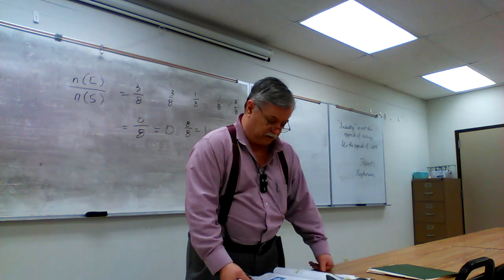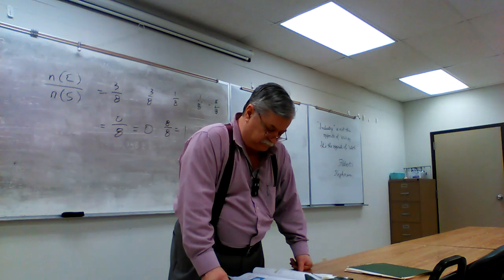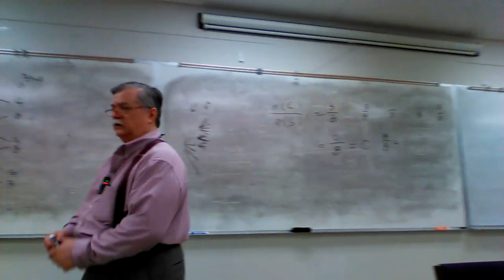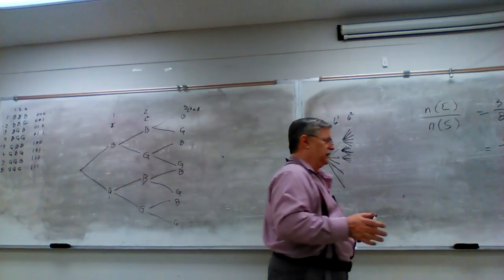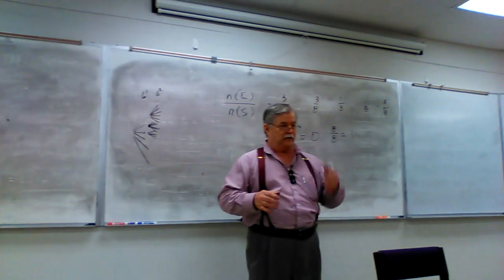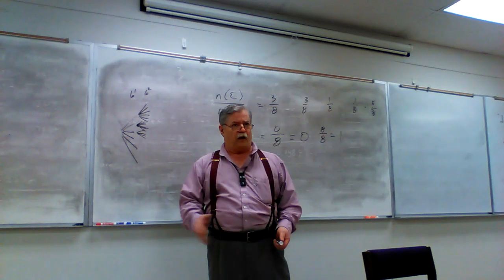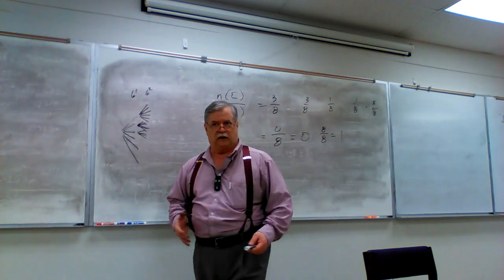Now, there's something here called complementary events. Basically, if the event set is E, then the complement of E is every outcome that is not E. Okay?